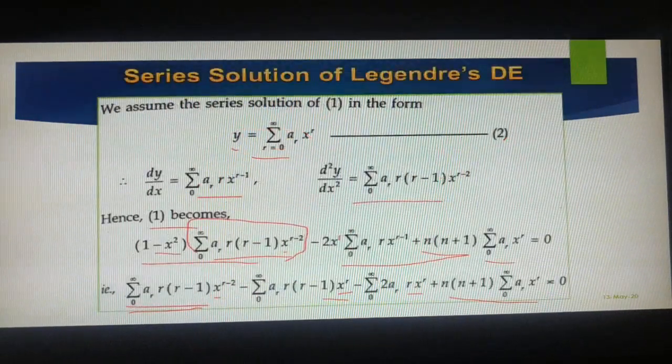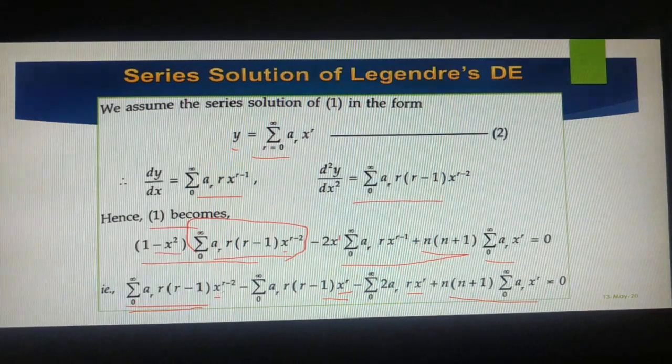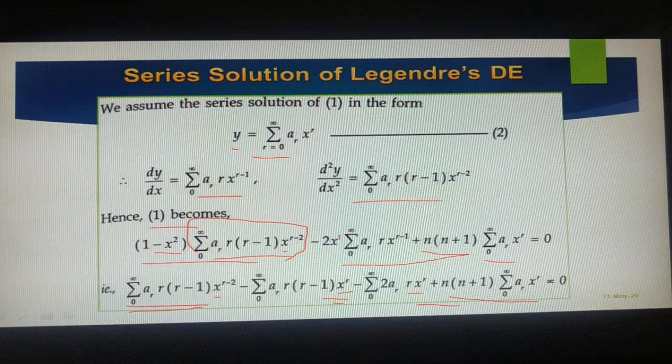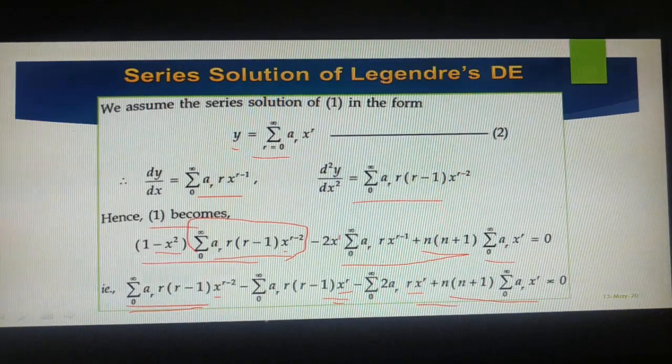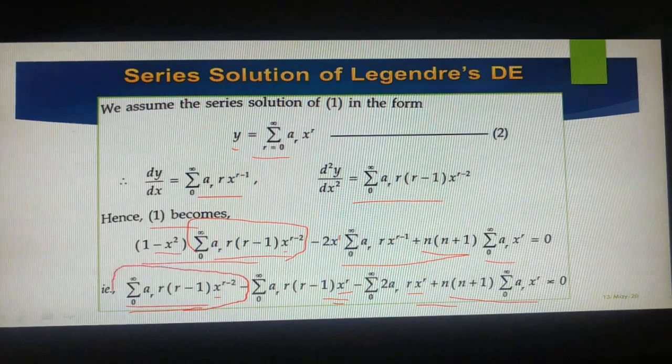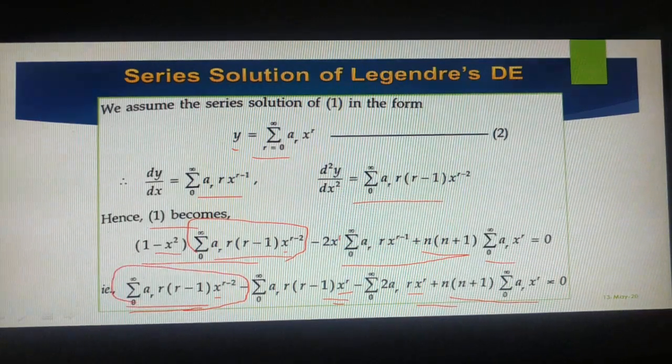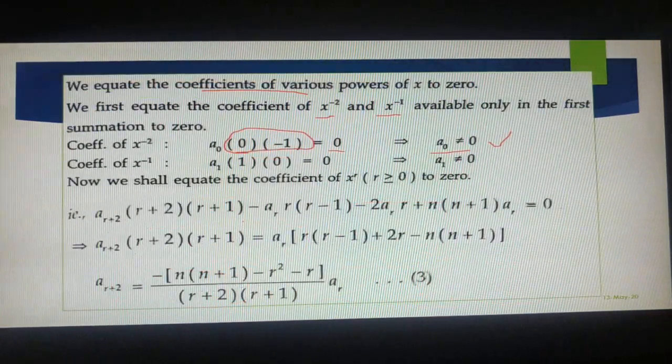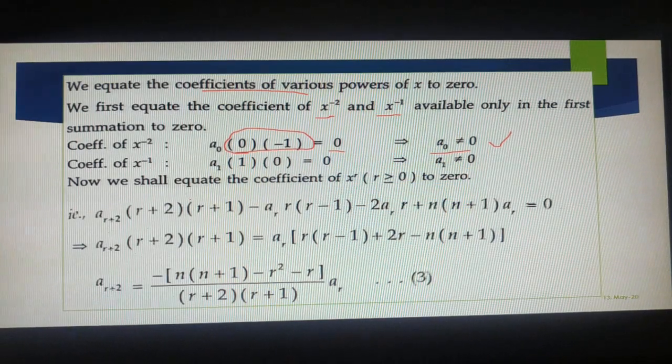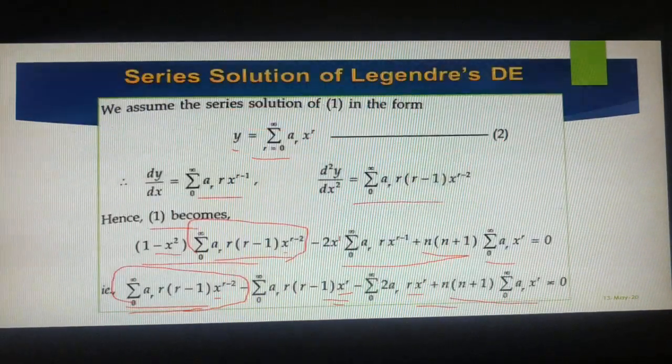Similarly, if r is equal to 1, then here we will get x power minus 1, so I want to compare with x power minus 1. We will not get it in other terms, only in the first term we will get x power minus 1, right? So this time I am taking r is equal to 1.